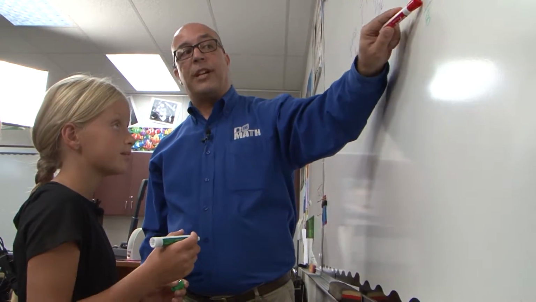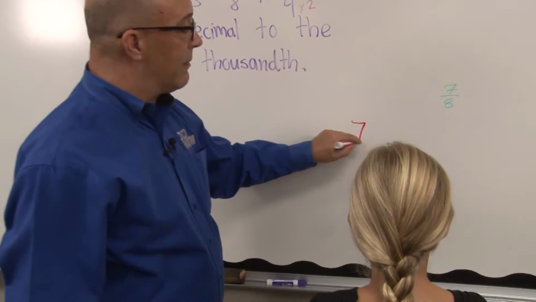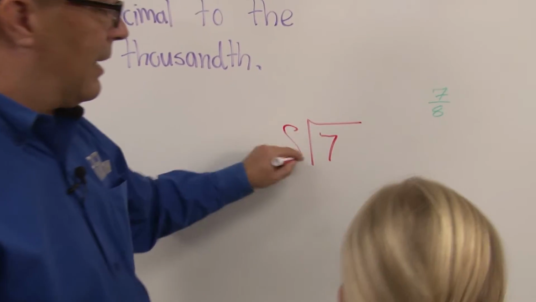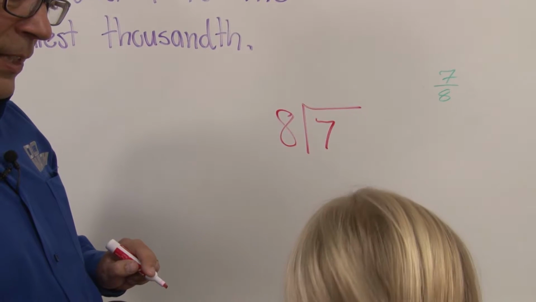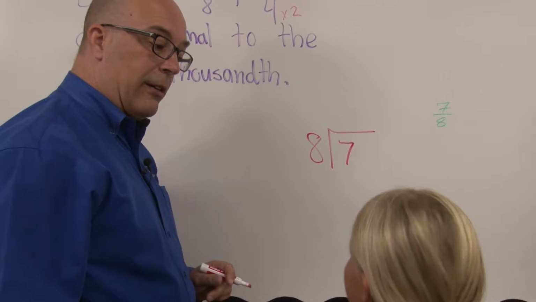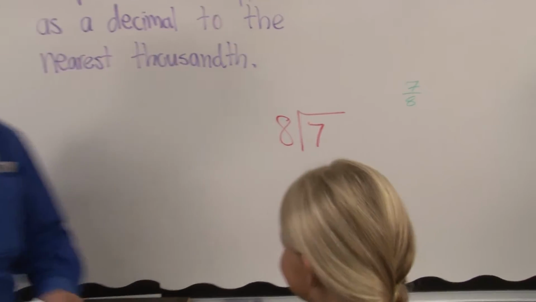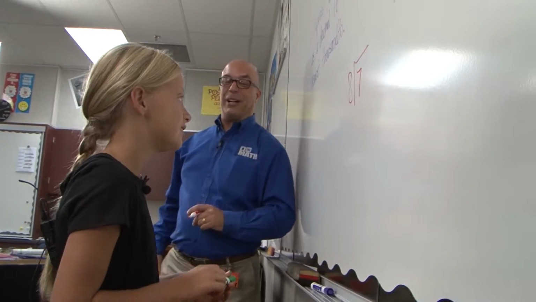So if we say this is 7 out of 8, or 7 divided by 8, in order to find the decimal, we're going to divide, okay? So we're going to go 7 divided by 8. Can you handle that one, or do you want a little help on the way here? I got it. You got it? All right, I'll sit over here. You let me know when you need some help, okay?